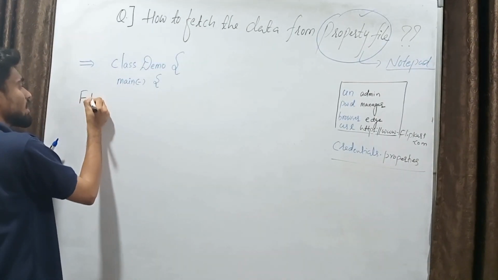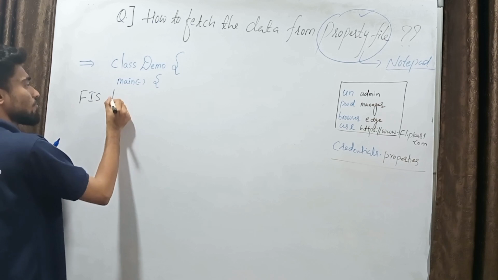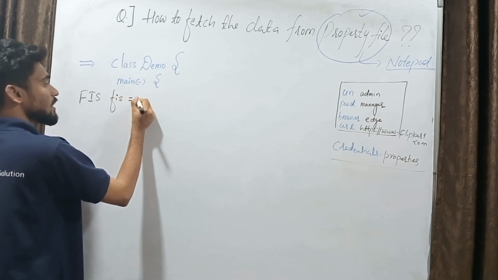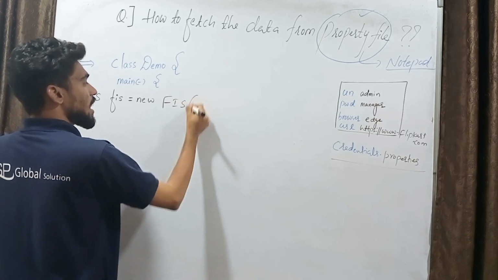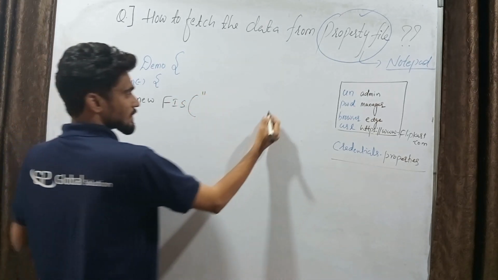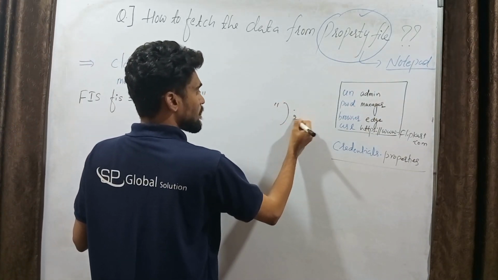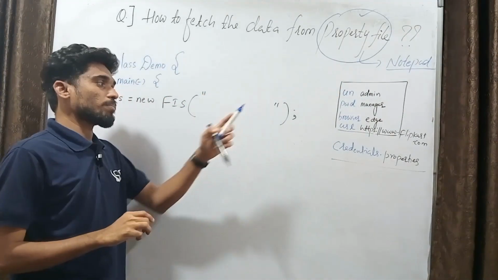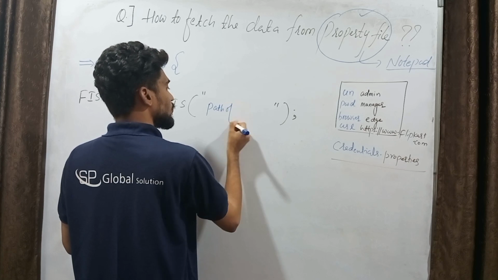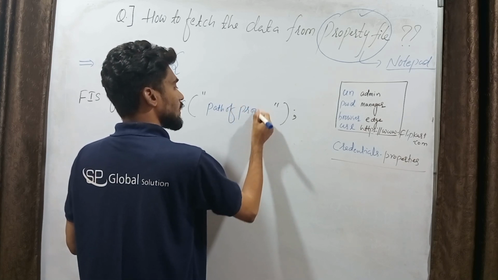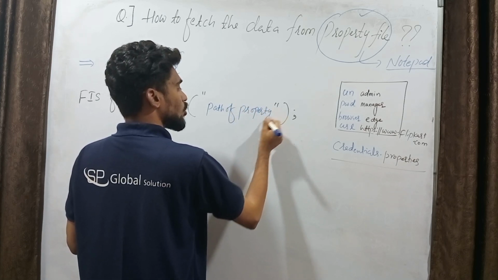Yes. So the FileInputStream reference variable is fis equal to new FileInputStream, and to this constructor I am giving the path of our property file. So can I give the path here? The path of the property file. Any problem? No problem.